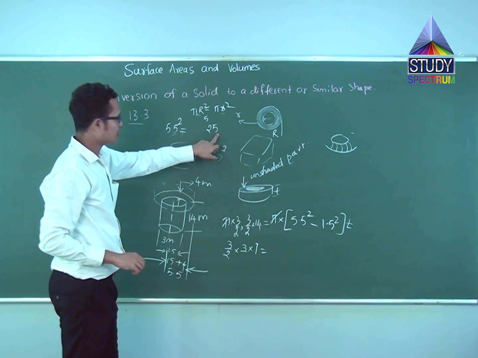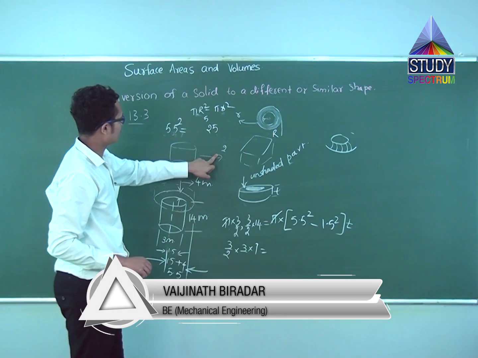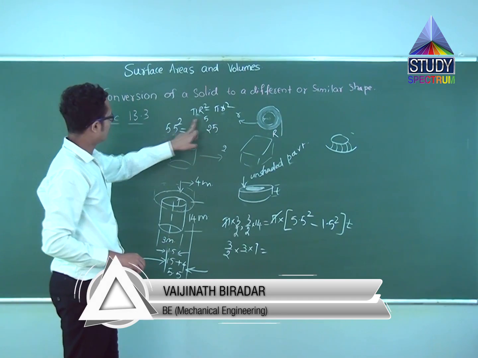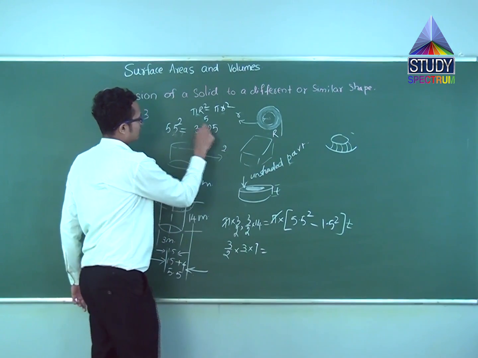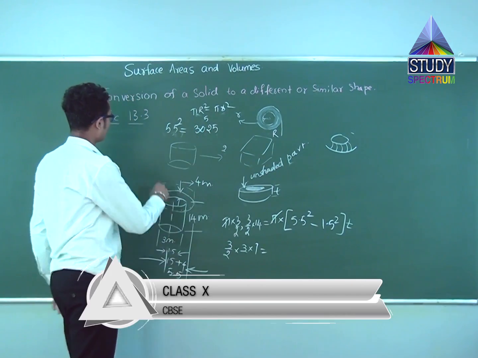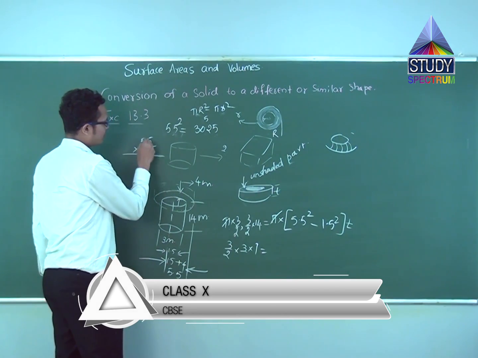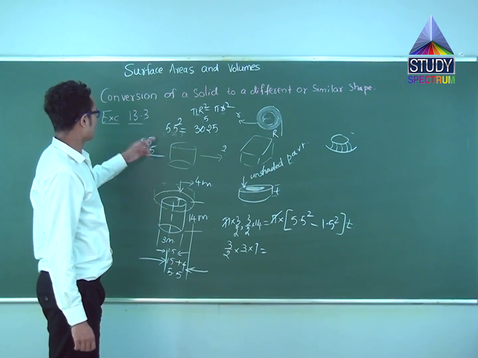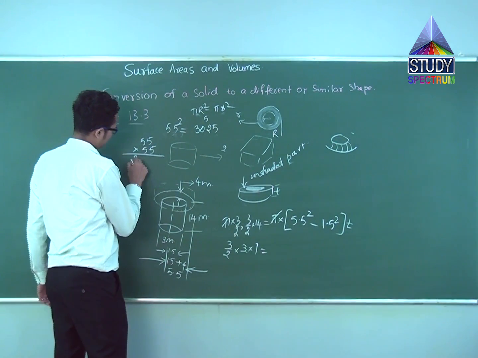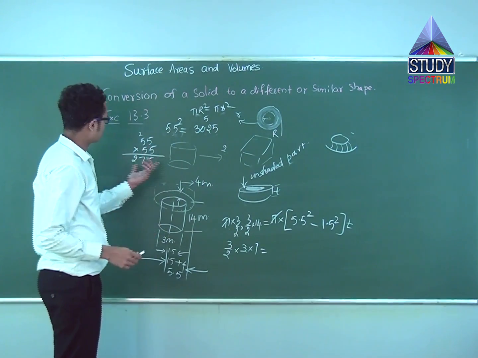5 square is 25, 2 written here. 5 into 5 is 25, into 2 is 50, plus 2, 52. 2, carry forward 5. 5 square is 25. 25 plus 5, 30. If you still didn't understand this method, please follow the usual method. 55 times 5 is 50 into 5, 250, plus 25, 275. Or again you can just multiply.